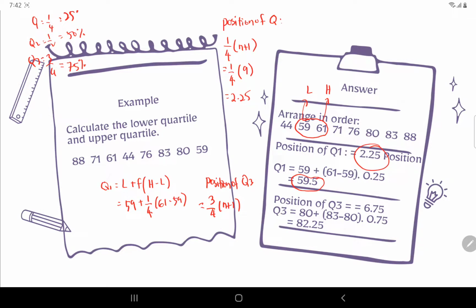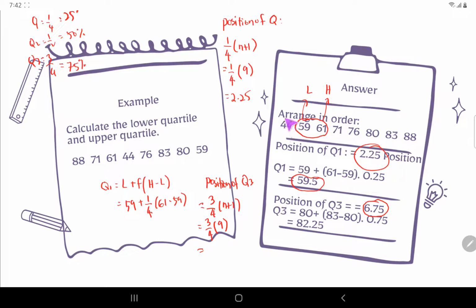So 3/4 times our n plus 1, which is 9. 3/4 times 9 is equal to 6.75. Then we see 6.75 is located between the location of 6 and 7.